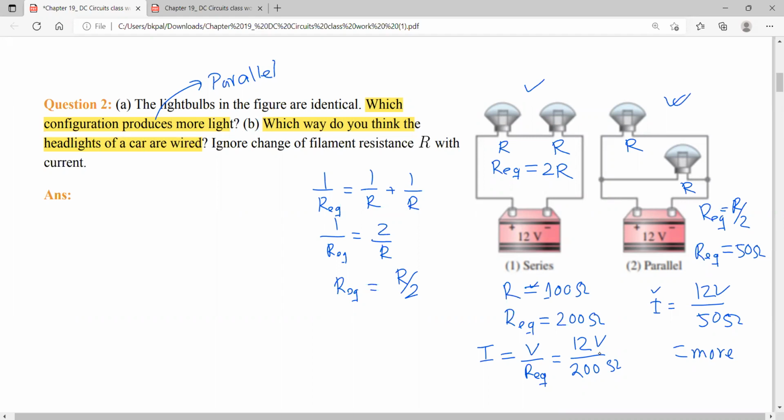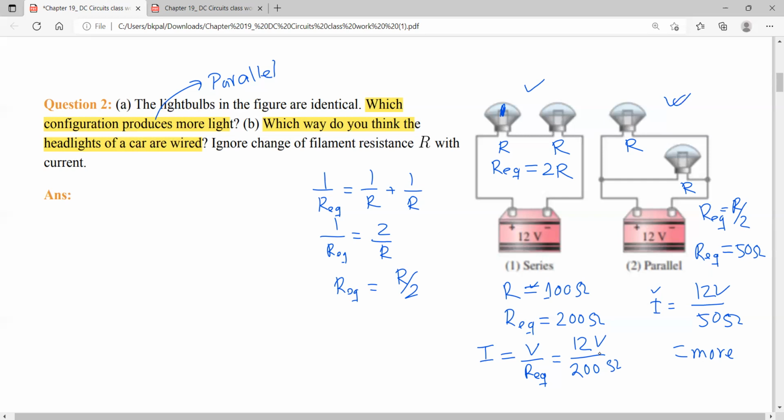Because if one headlight's filament is broken, let's say this one is broken, then you see that it is not a complete circuit. Here we have a broken filament, so it's not a complete path for the current.